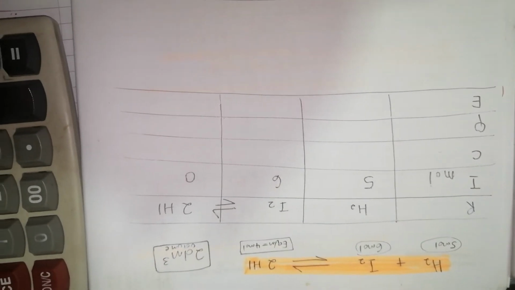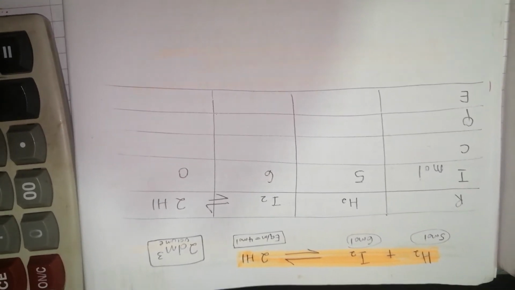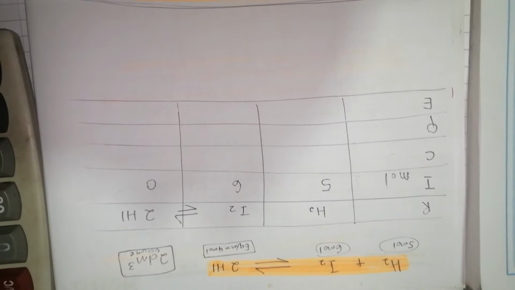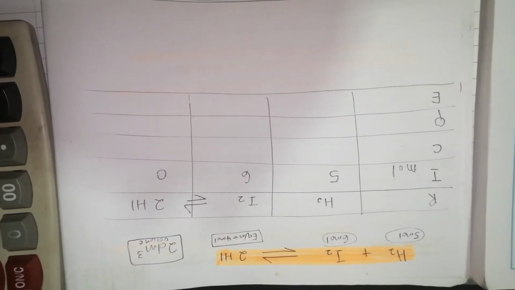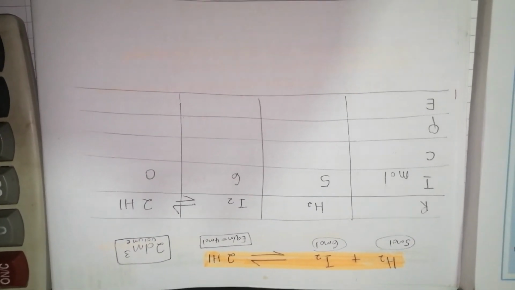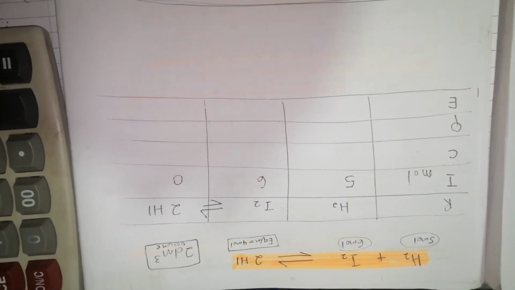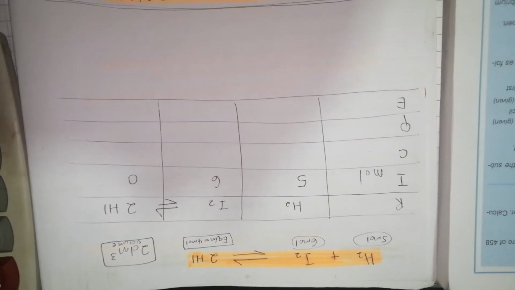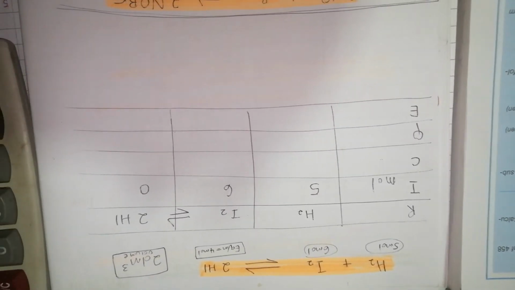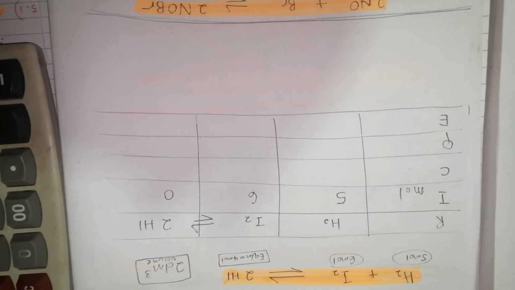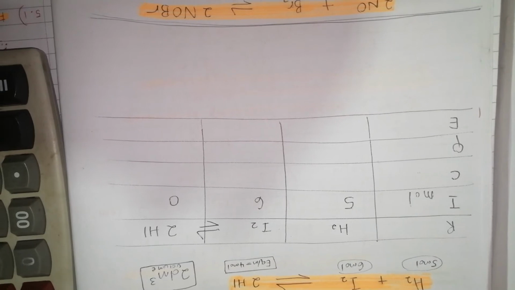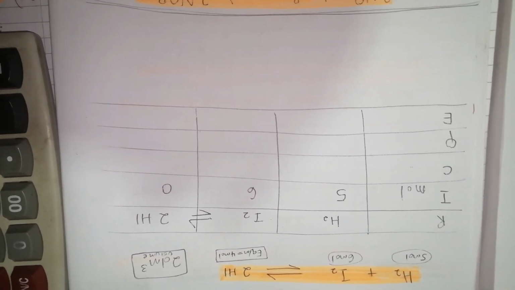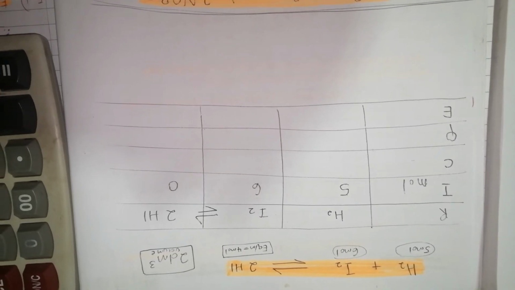Now, we're going to use those coefficients as coefficients of X, and we're going to realize that in a chemical reaction, reactants always become less because you're using them up to make products, and products always become more because you're forming products. So just remember that reactants always decrease and products always increase, and because of that, when we show reactants in terms of X, we show it with a minus, and when we show products, because it increases, we show it with a positive.